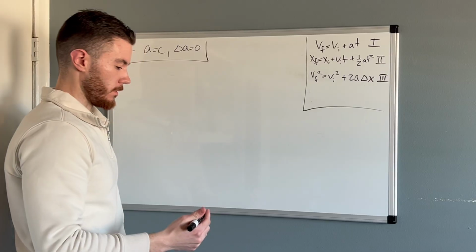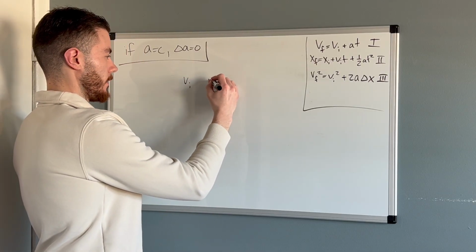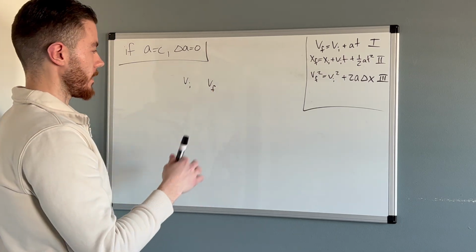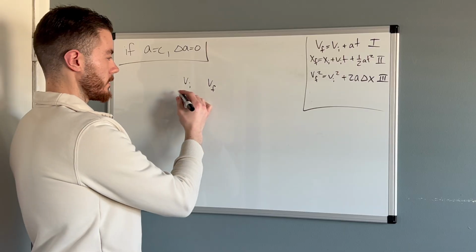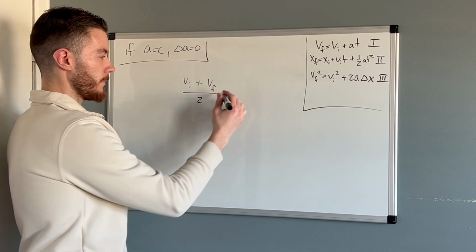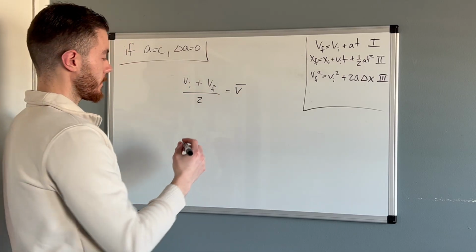So in our case, we have an initial velocity and a final velocity, or another velocity at some point in time. Doesn't really matter. But the point is that there are two things, right? So we add them together and divide by 2, and this is equal to the average velocity over the trip.